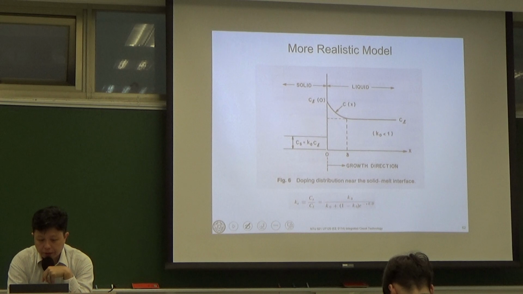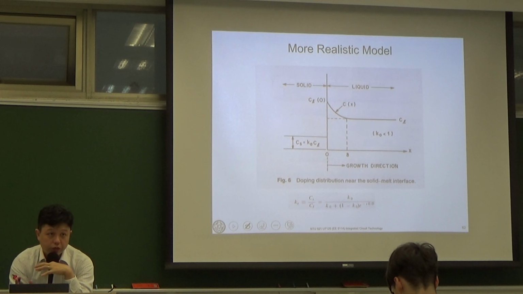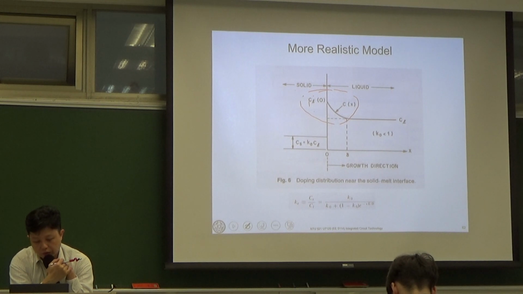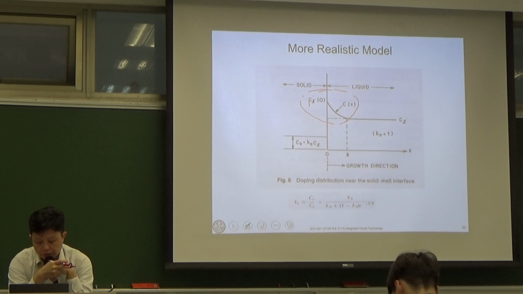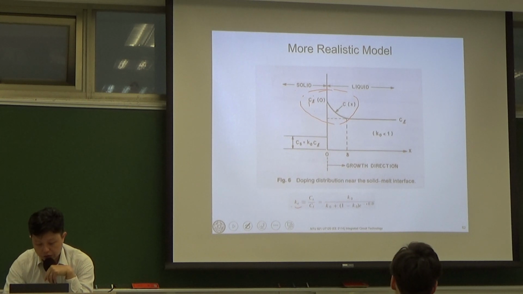Okay, and here is a more realistic model, which describes the concentration at the interface between your solid and liquid. There may exist a concentration that is a function of your position. If you consider that change in your calculation, then we can modify our segregation coefficients, and it will turn into something like this.